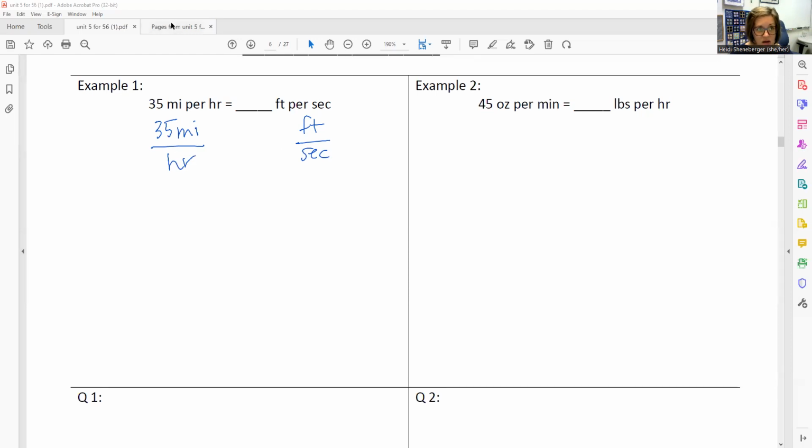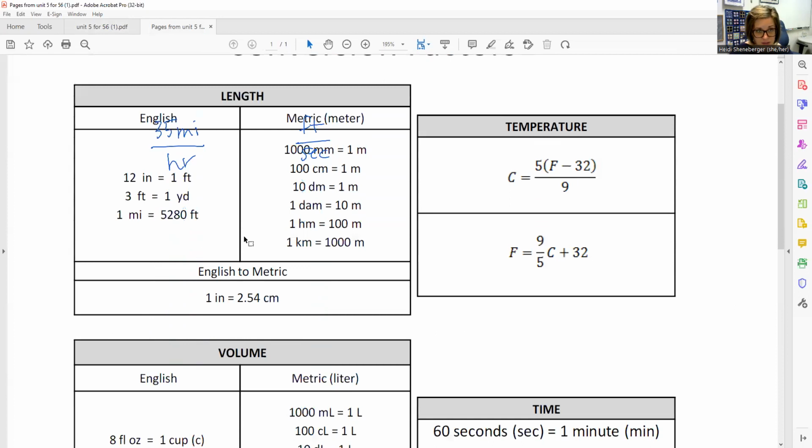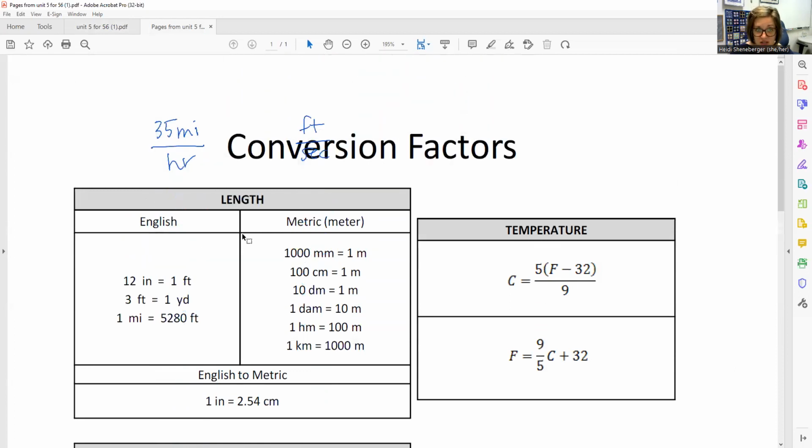So I'm going to look on my conversion facts to find how I might get from miles to feet. Right here, 1 mile equals 5,280 feet. I'll need that later. And then I also need hours and seconds.